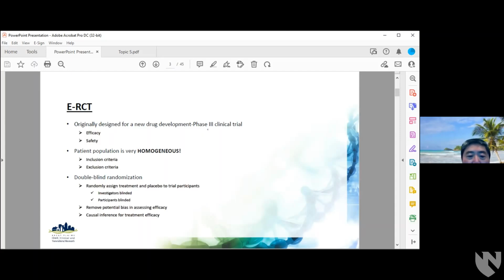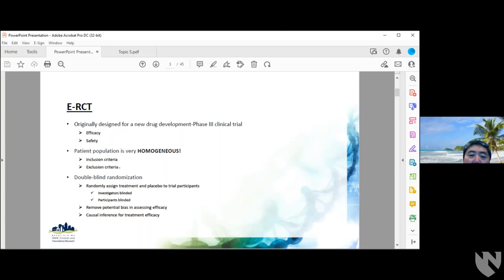So, generally speaking, when you conduct an RCT for the phase 3 trial, first, we all know you're going to include inclusion criteria and exclusion criteria. Basically, you try to make sure the patient population is very homogeneous.